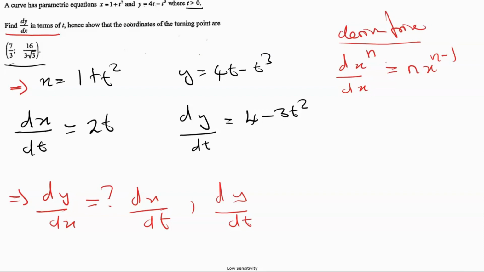But the second part is we need to show that the coordinates of the turning point are 7 over 3 and 16 over 3 root 3.